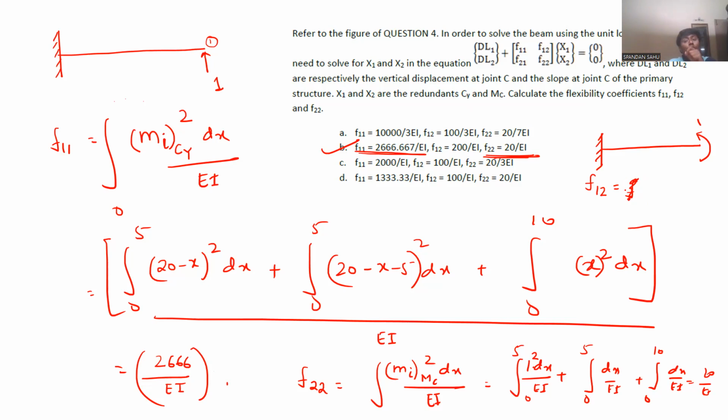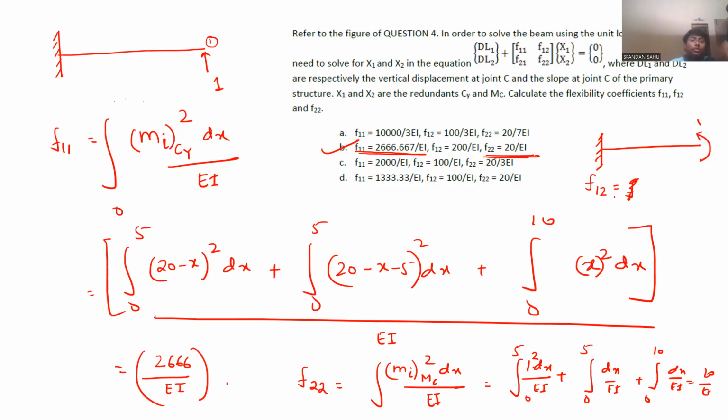Displacement at 1 due to unit load at 2. Here the load is a moment. Unit load can be a force or it can be a moment, as we have discussed in the second slide of today's class. So displacement at 1 due to unit load at 2.